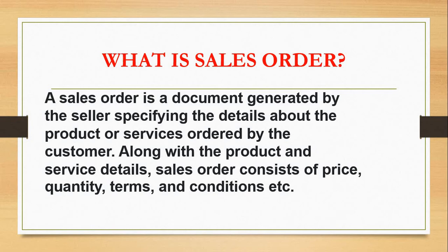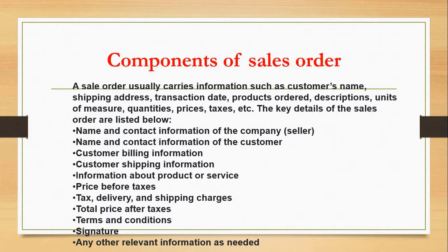Next, components of a sales order. A sales order usually carries information such as the customer's name, shipping address, transaction date, products ordered, descriptions, units of measure, quantities, prices, taxes, etc.